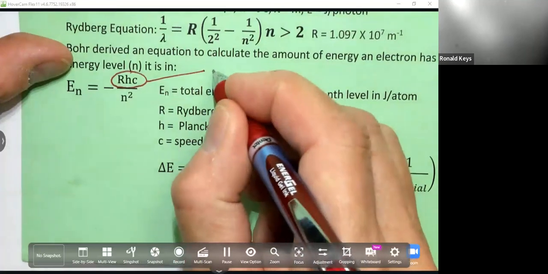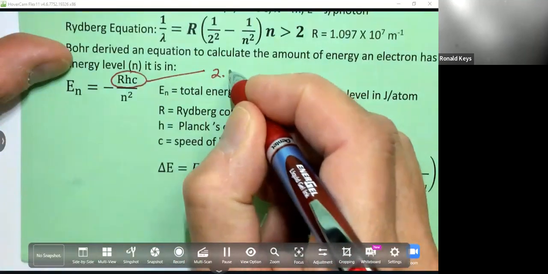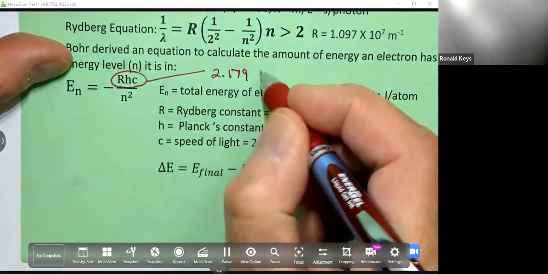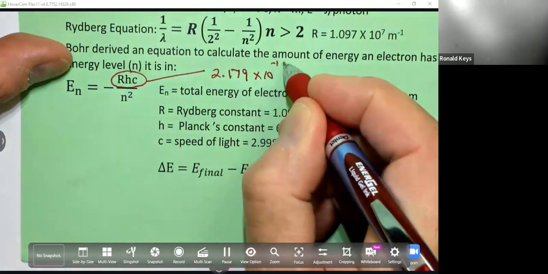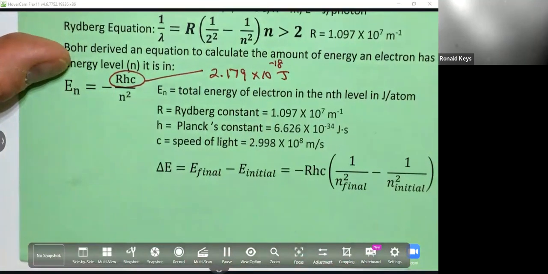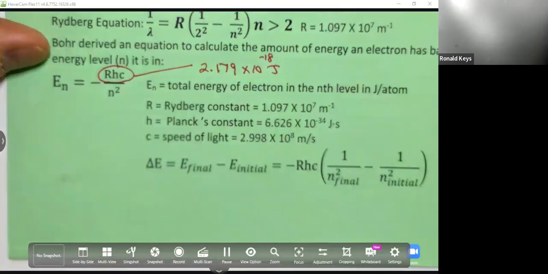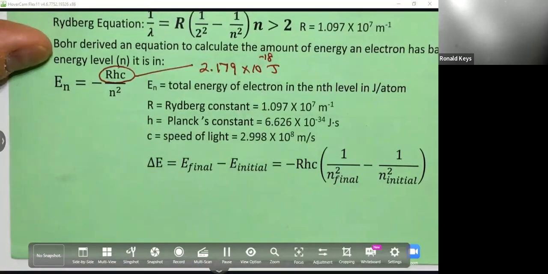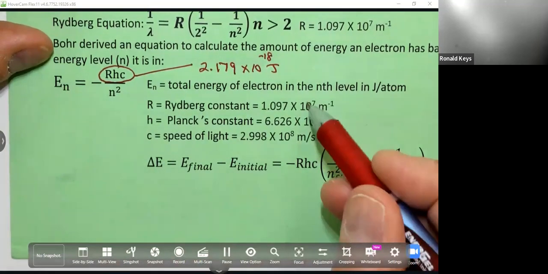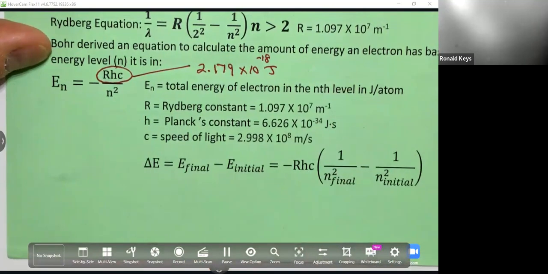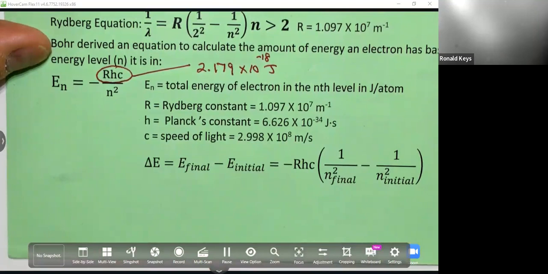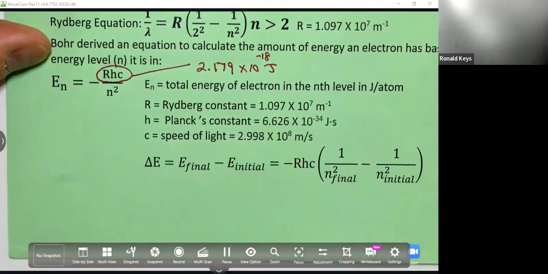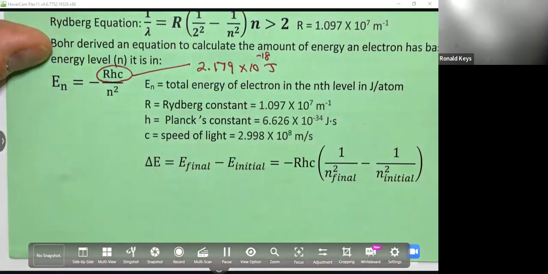Let's put this on the green sheet: 2.179 times 10 to the minus 18 joules. That might help. But it's not that big a deal. You can slam these 3 numbers in your calculator very, very fast too, right? Again, those 3 numbers are just constants. So be aware your green sheet's got this on there.